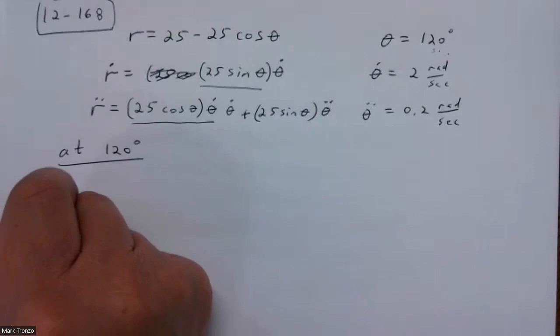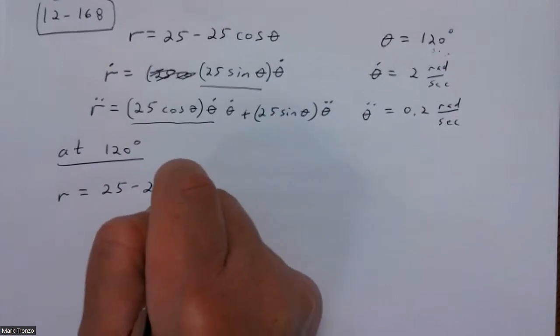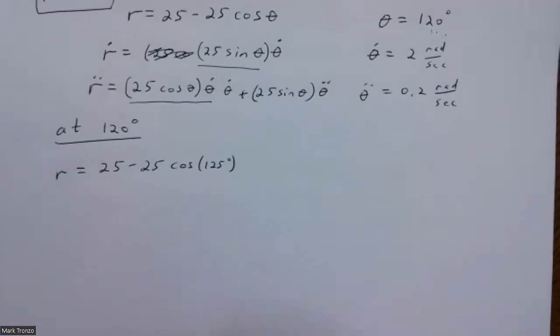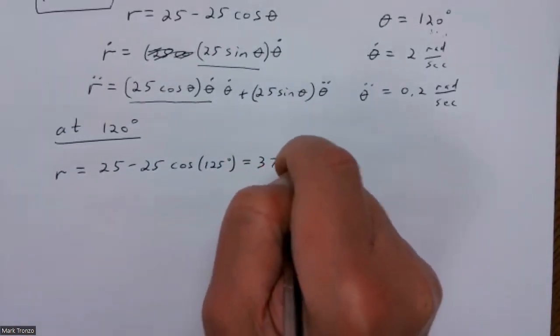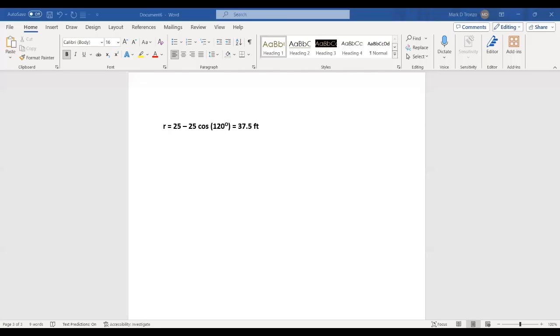So R is equal to 25 minus 25 cos 125 degrees, and this is 37.5 feet. Actually, that's a mistake. That should say R equals 25 minus 25 cos 120 degrees, not 125 degrees. The answer is right, 37.5 feet.